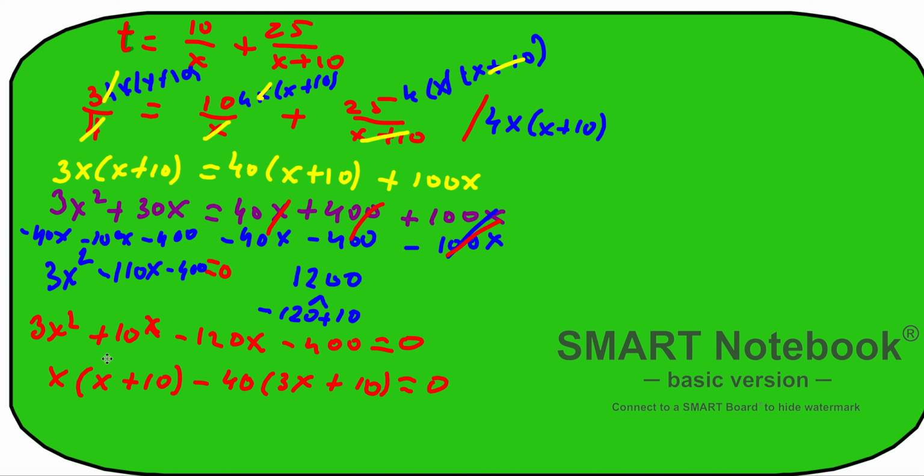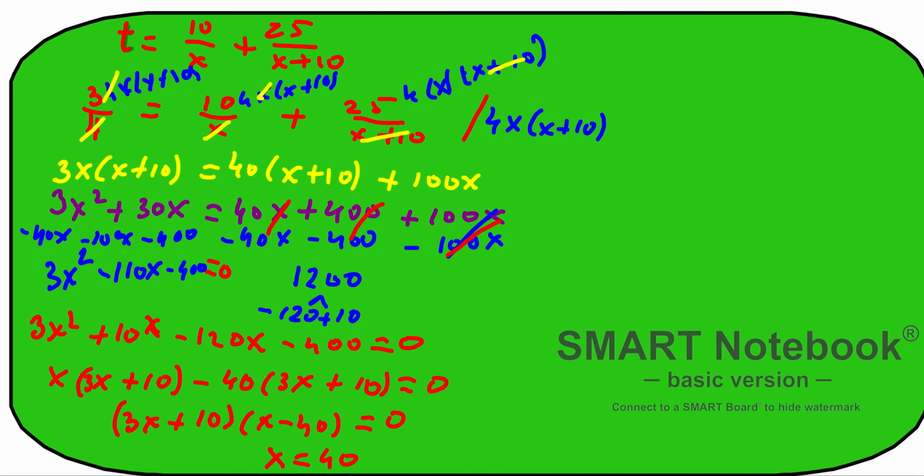And now 3x plus 10 is a common factor, and what remains inside is x minus 40. So x minus 40 is equal to 0. 3x plus 10 cannot be the solution because it's going to yield a negative solution, which doesn't work for this situation, so it is an extraneous solution. I'm taking just x minus 40, and the solution is x equals 40.